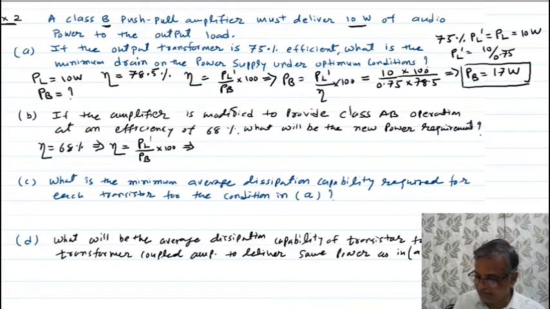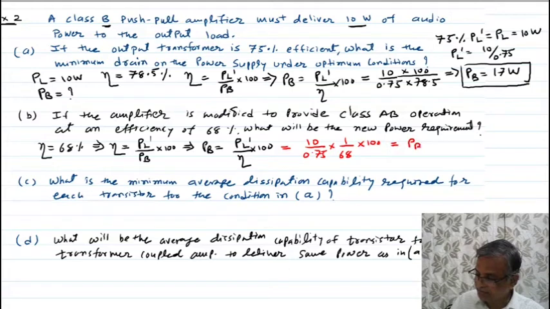So PB is nothing but the PL dash upon eta into 100. So PL dash is already 10 upon 0.75. This is 1 upon 68 into 100. So PB required is 19.6 watt.